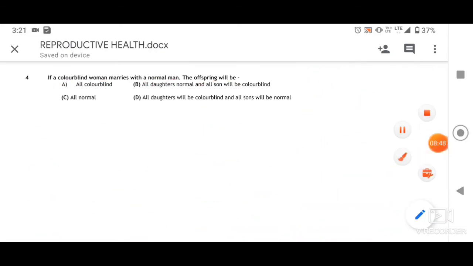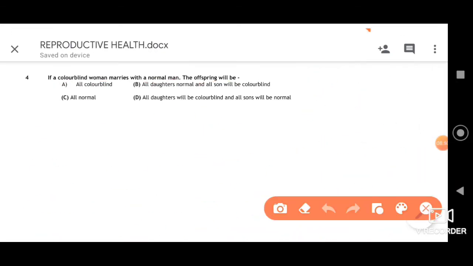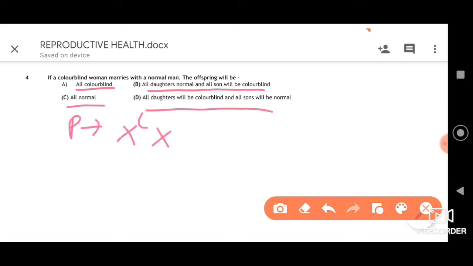So let us solve this. Option 1 is all are colorblind. Second option is all daughters normal and all sons colorblind. Third is all are normal. Fourth option is all daughters colorblind and all sons normal. Here dear students, let us consider the parental generation to be XcXc and XY.